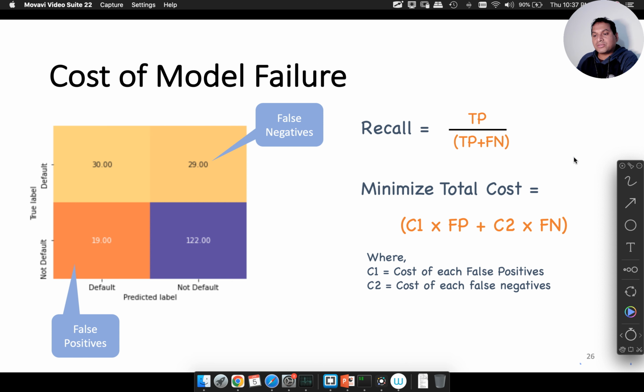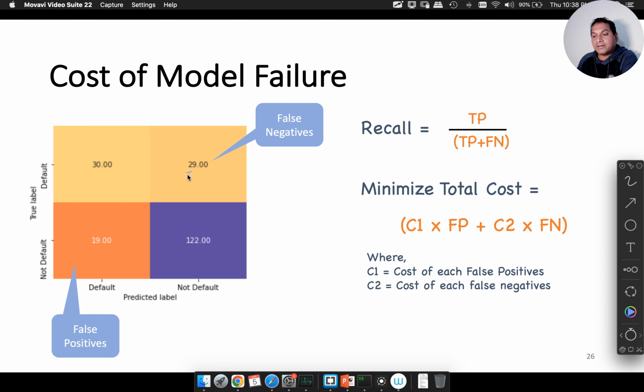Now take the case of credit risk modeling, where a bank wants to build a model to predict if a loan applicant will default or not default on a loan. Based on the model's prediction, the bank will either approve the loan and disburse the amount or reject the loan application.